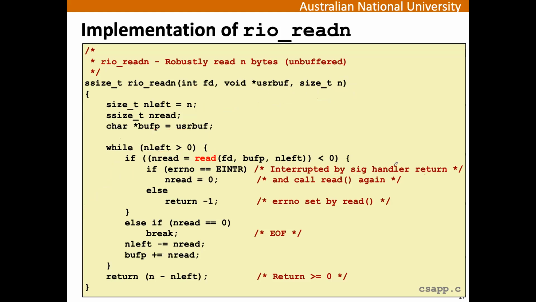So this is a pretty standard program. If the error number is EINTR, which means that the system call was interrupted by a signal handler, you set nread to 0. Basically, you read nothing.